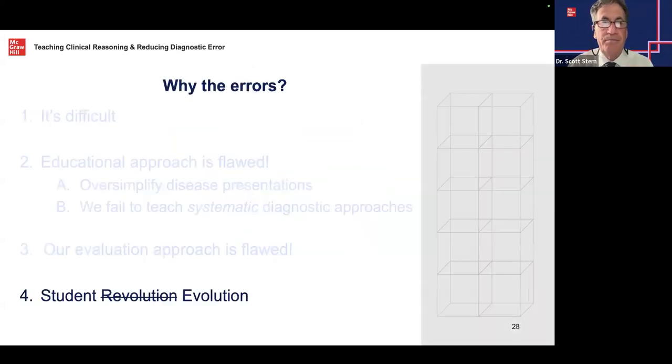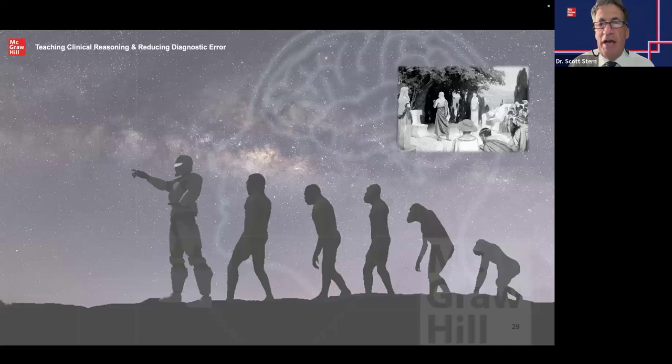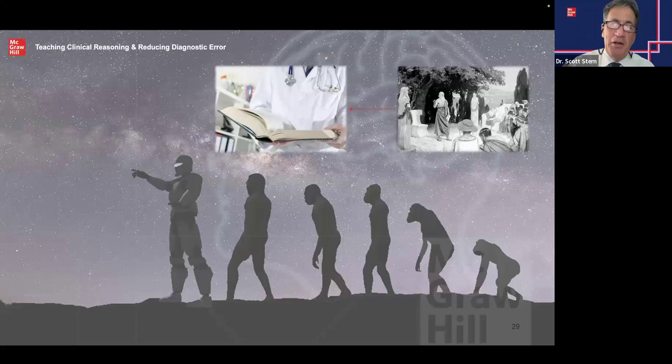and can correct them. And the last problem is we have to face the fact that there's a student evolution or revolution, depending on the way you look at it. So just as humans have evolved over time, students have evolved over time. In the old days, a physician like Hippocrates might stand up and lecture and everybody was rapt in attention. Then when I was studying, we carried around these giant tomes and we read them and we underlined them and we outlined them and we highlighted them, etc. That's not the students of today.